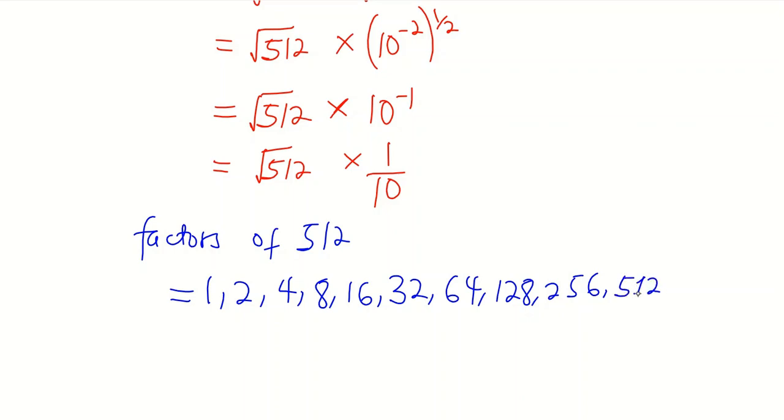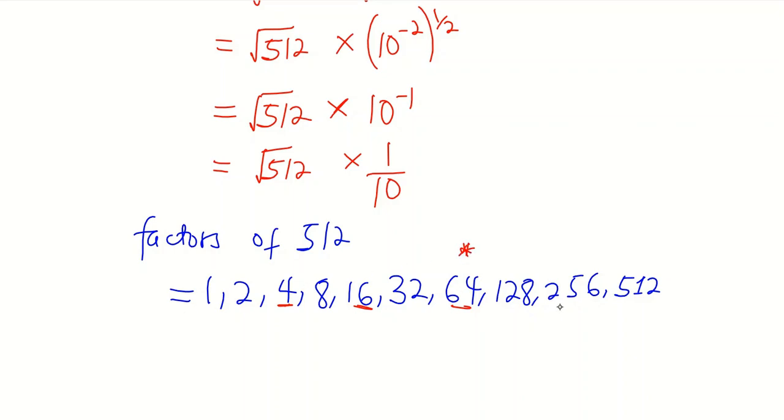And these are the factors of 512. Now among the factors of 512, we have to identify the possible perfect squares. We have 4, 16, 64. So among these perfect squares, we have to take the largest perfect square, and that is 64.